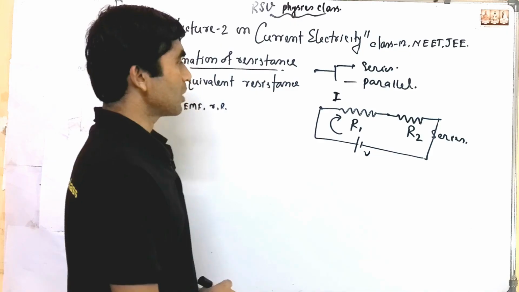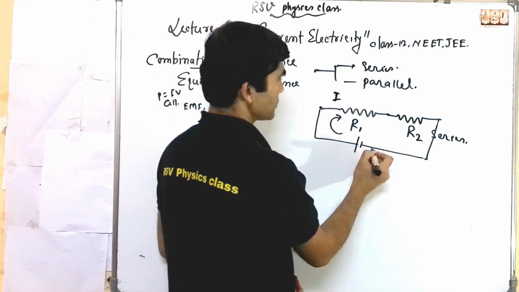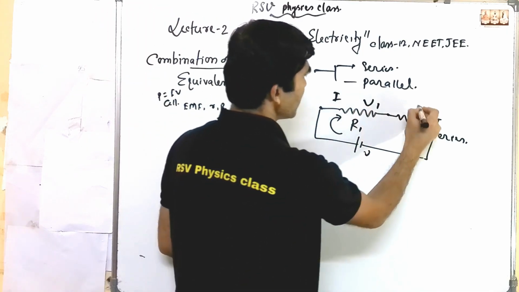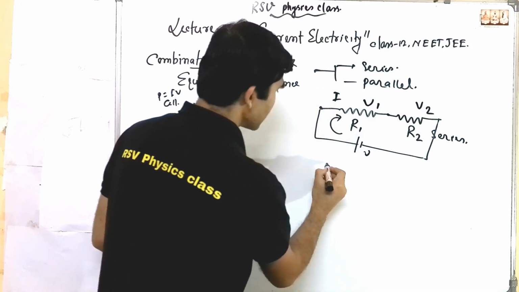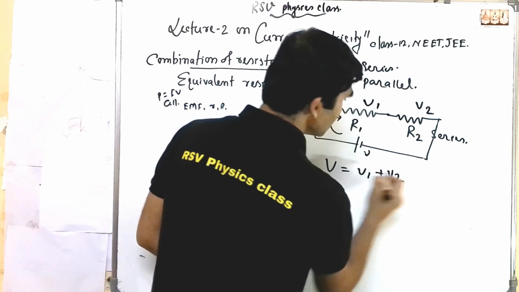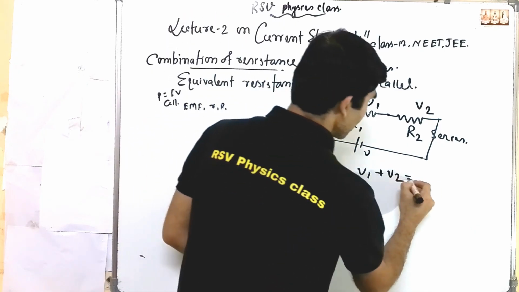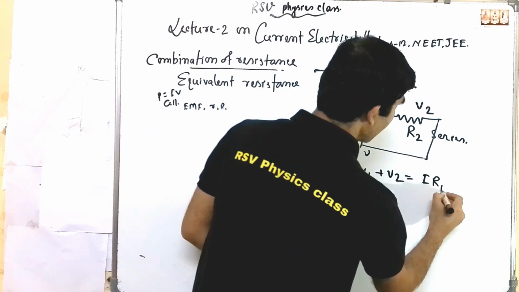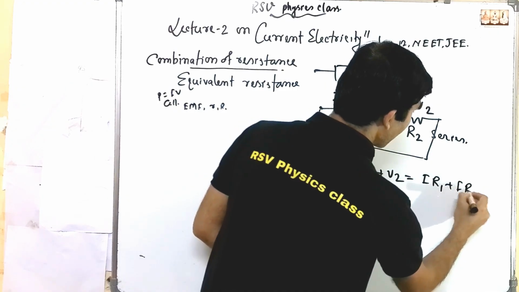Now the total voltage: voltage V1 across R1 and V2 across R2. So you can write total voltage V equals V1 plus V2. This equals I into R1 plus I into R2.